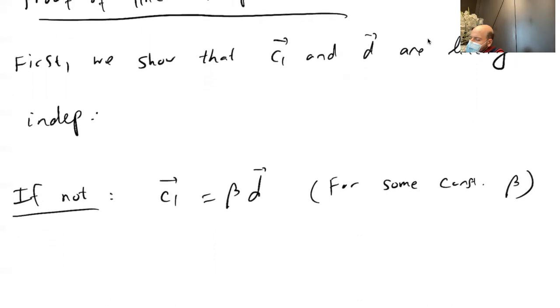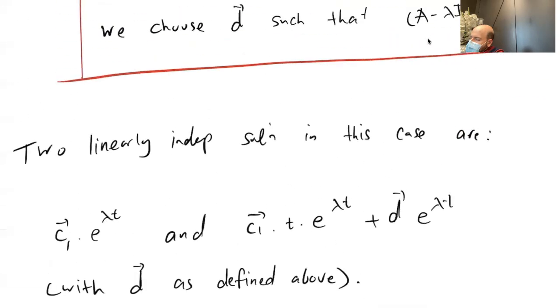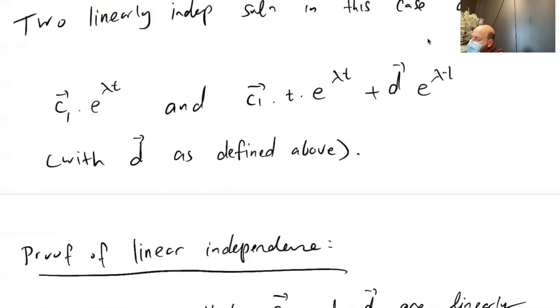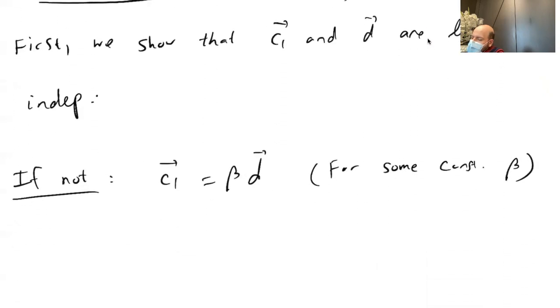Then what can we say about, so remember, A minus lambda I times D has to be equal to C1. So I can write C1 as a scalar multiple of D, or D as a scalar multiple of C1, doesn't matter. Let me write it the other way around. So let me write D as, let's say, some constant beta times C1.